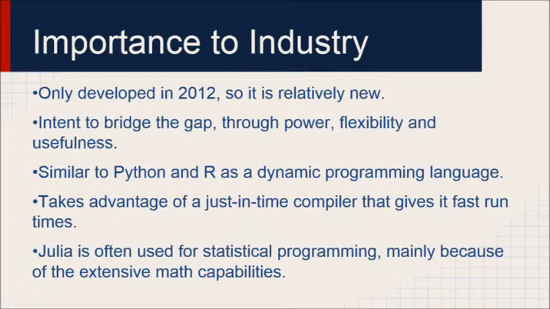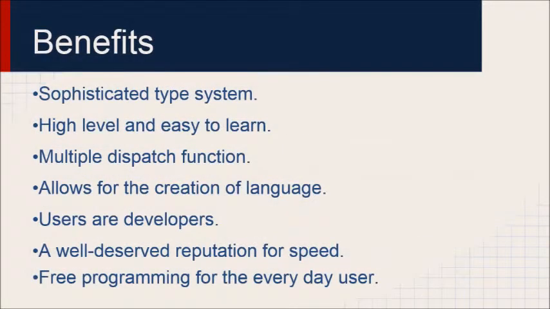Another advantage of Julia is that it is very good for statistical programming due to its extensive math capabilities. A user can work with extremely large numbers, including those with decimals, which is generally uncommon in programming. Some of the benefits include a sophisticated type system used to generate code programmatically.